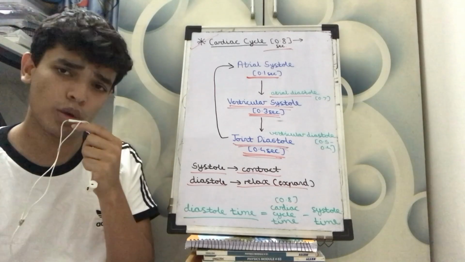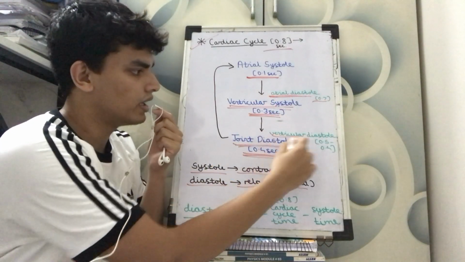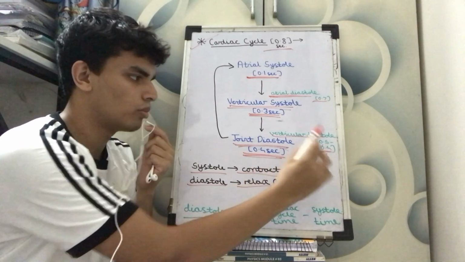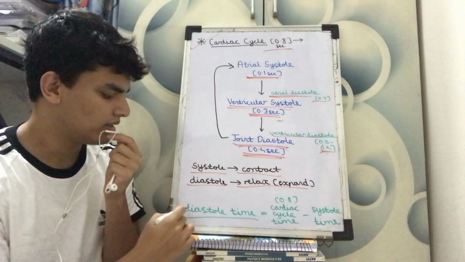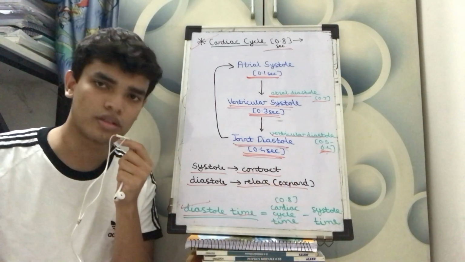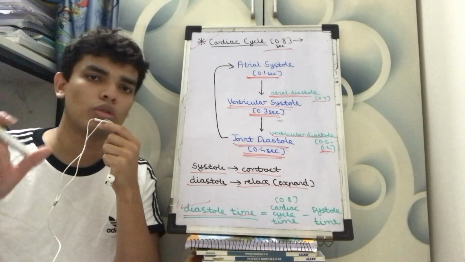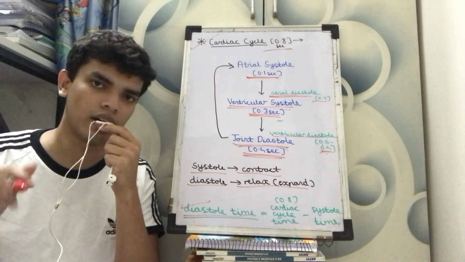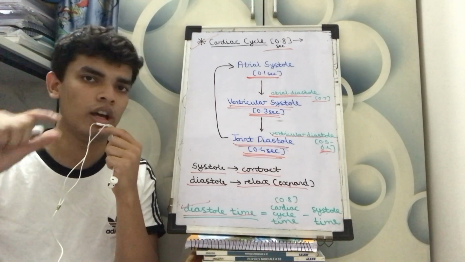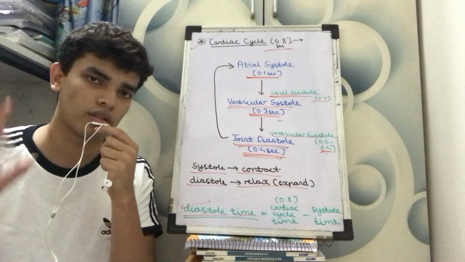You can remember the atrial diastole is 0.7, and the ventricular diastole is 0.5. You calculate the diastole time by the cardiac cycle minus the systole time. For atrial diastole, the total cardiac cycle is 0.8 seconds. Subtract the atrial systole timing of 0.1, so 0.8 minus 0.1 gives 0.7. So that is your atrial diastole time.